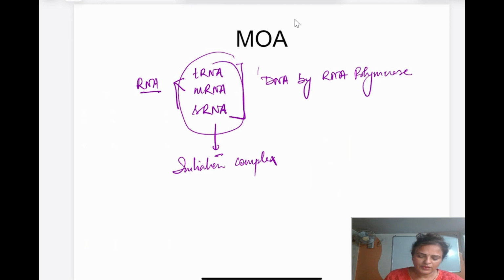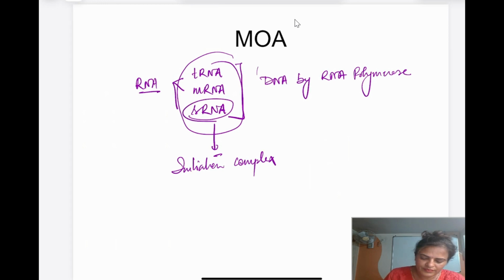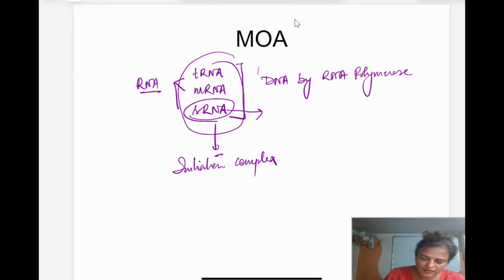Now RNA, what do they have? They come from transcription. The message of the DNA is transcribed in the form of messenger RNA, not the ribosomal RNA.